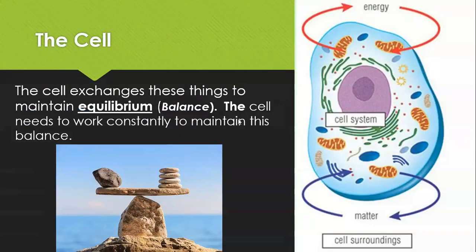The reason the cell exchanges matter and energy with the environment is to maintain equilibrium. Another word that you'll see a lot in biology is homeostasis. Homeostasis, equilibrium, balance, all of these words mean the same thing.